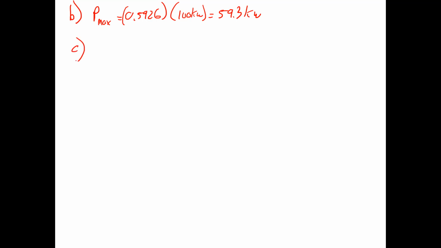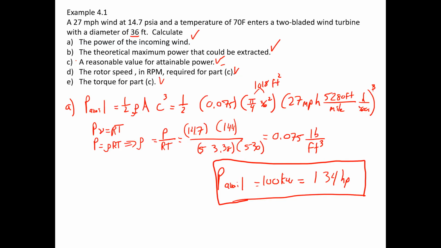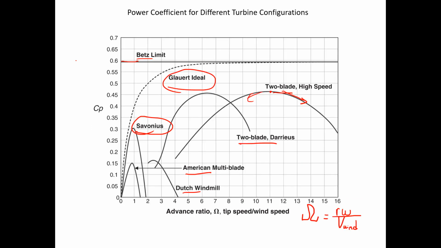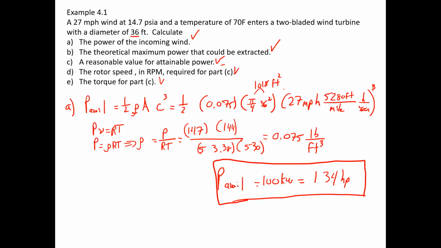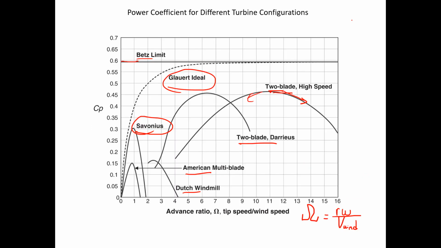Okay. Now moving on to part C. Part C is interesting. It's asking for a reasonable value for obtained power. The only way I can think of getting a reasonable value for obtained power is to go back to this chart. Now it says that it's a two-bladed wind turbine.